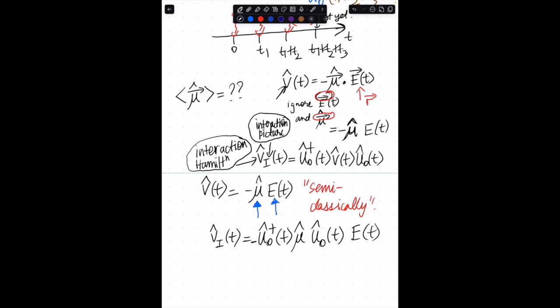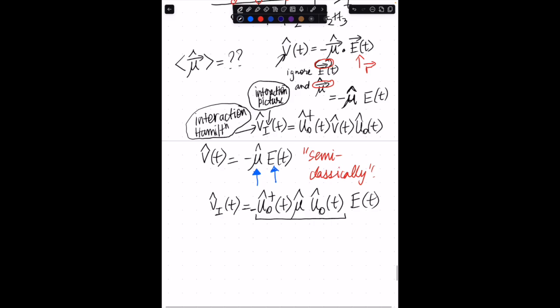That's not a big deal. Here, this is the dipole operator in the interaction picture. This is how I'm going to define the dipole operator in the interaction picture. I will call this mu hat I of t, and it's just U hat dagger t, mu hat, U hat 0 t. So this is how I define the dipole operator in the interaction picture.